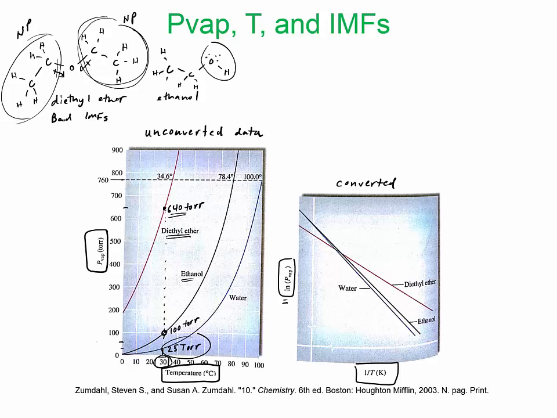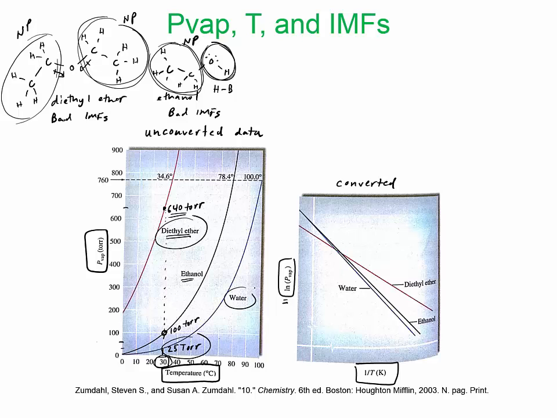And this guy can do hydrogen bonding, but this part right here is again this nonpolar bulky chain that gets in the way of really good hydrogen bonding. So although it can do hydrogen bonding, it's got this nonpolar portion that makes it have bad IMFs as well. But as we see on this graph, it's not nearly as bad as diethyl ether.